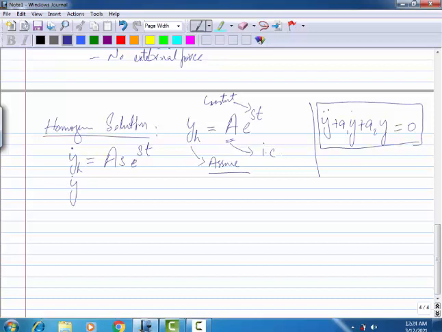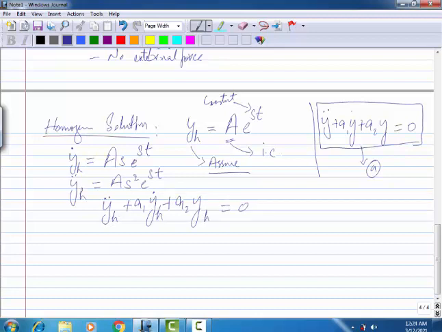Now I have to take the second derivative here, so it becomes A s square e^(st). This solution needs to satisfy this equation. If I call it equation A, the solution needs to satisfy it, so I write the equation again here: y_h double dot plus a1 y_h dot plus a2 y_h equal to 0.